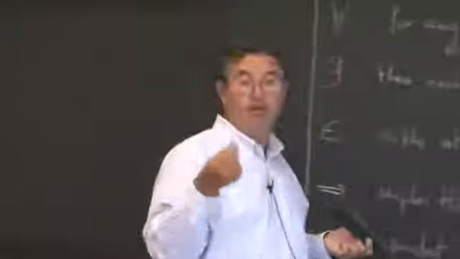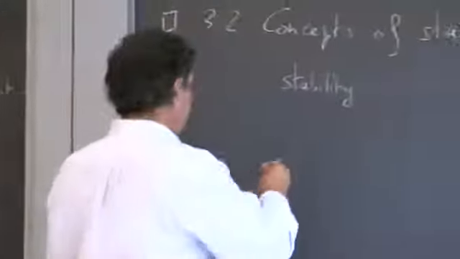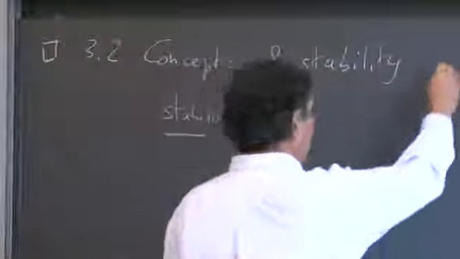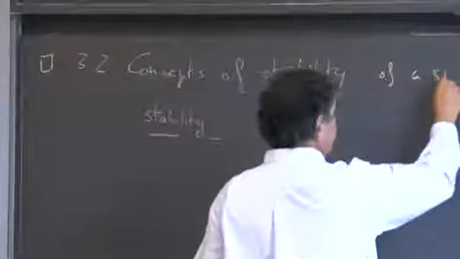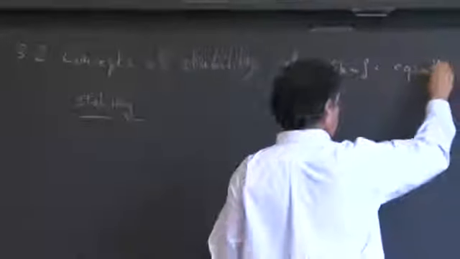So in general, in a nonlinear autonomous system, unless you have a single equilibrium, we're not going to talk about the stability of the system because that's ambiguous. We're going to talk about the stability of an equilibrium. Okay? So it's concepts of stability of a specific equilibrium.